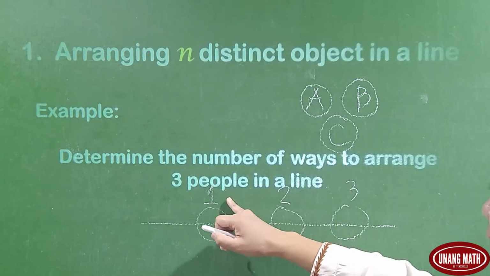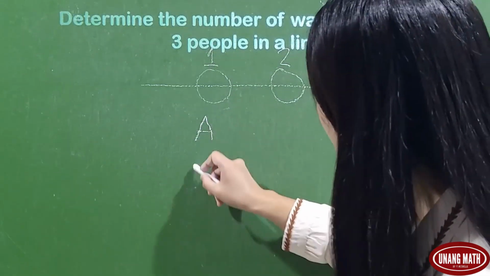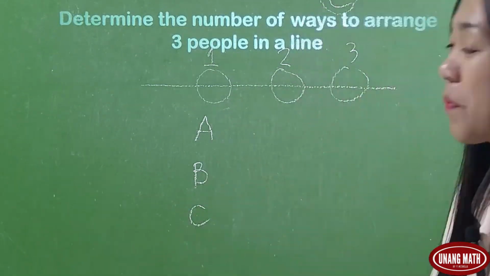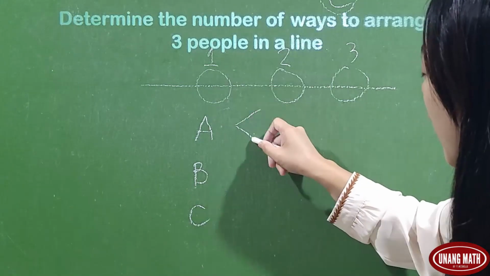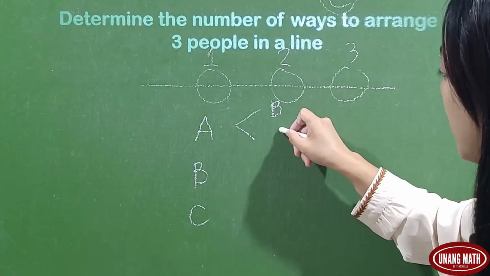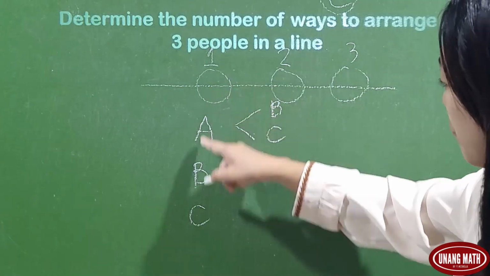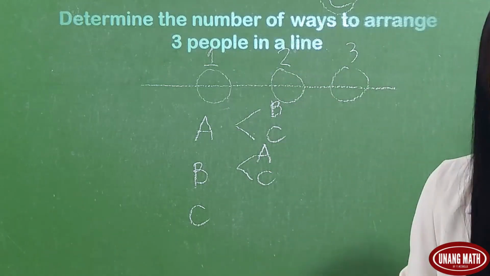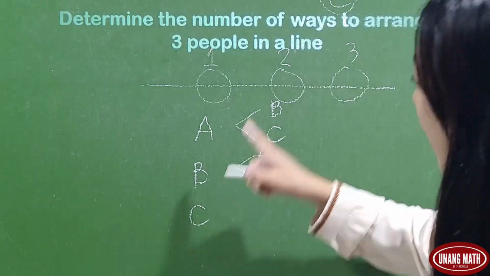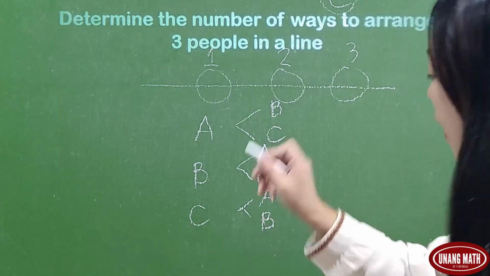The first ranking can be person A, person B, or person C. If person A is our first ranking, the second ranking can be B or C. If B is our first ranking, then the second ranking can be A or C. If C is the first ranking, the second ranking can be A or B.